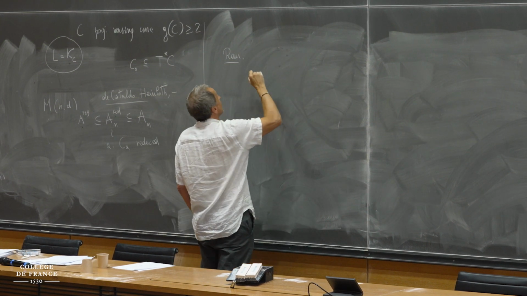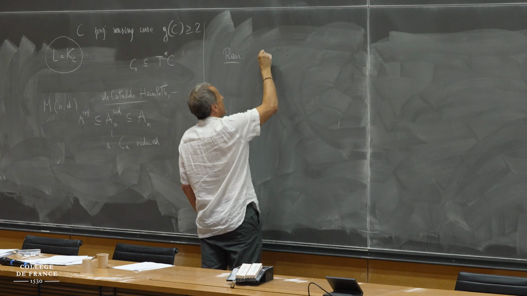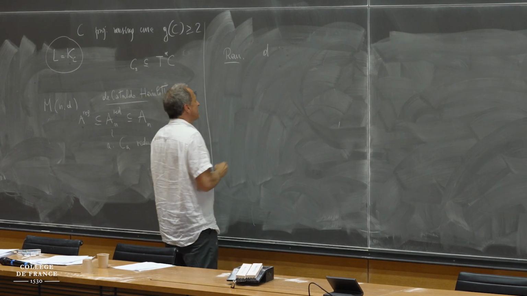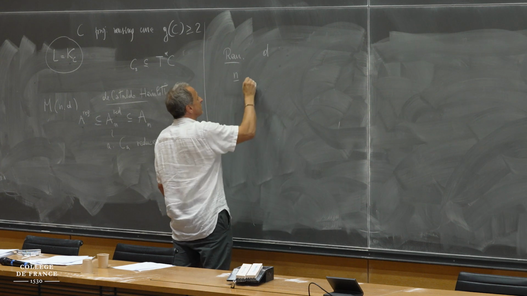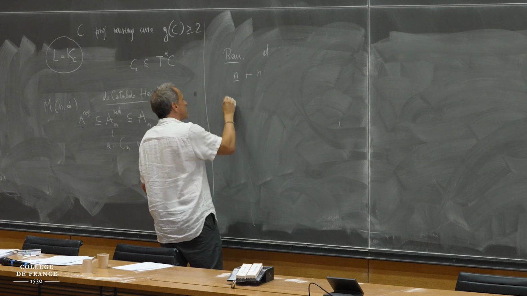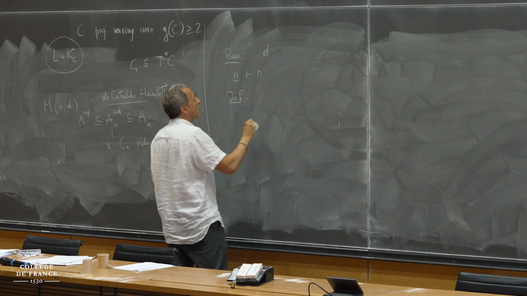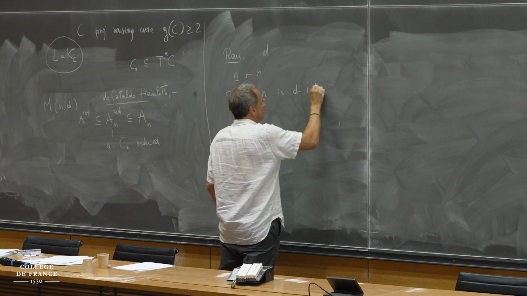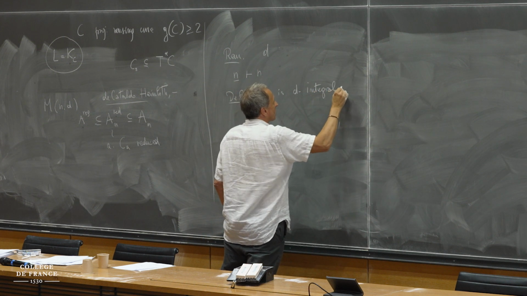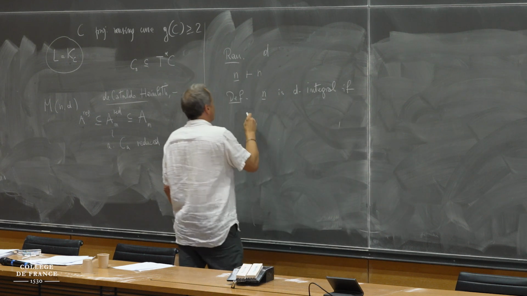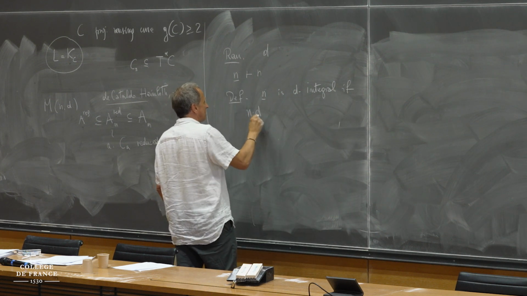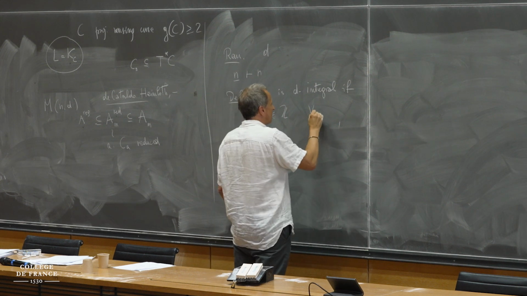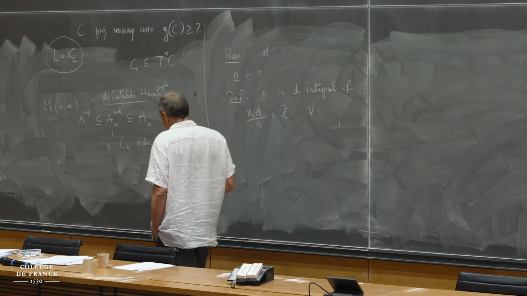So let me make a trivial remark. Now I have my d, which is an integer, and I have a partition of n. So I say that the partition is d-integral if n_i d over n is integral for all i. Okay?